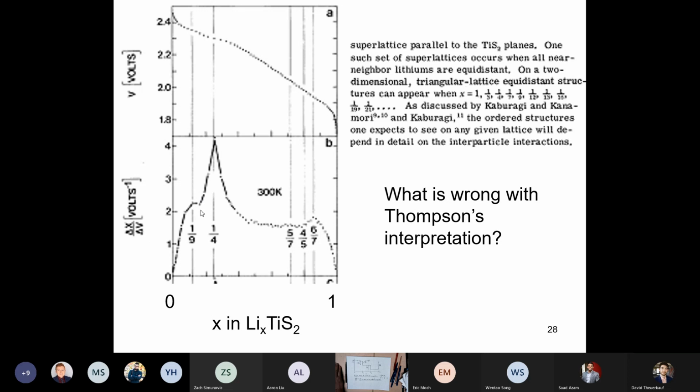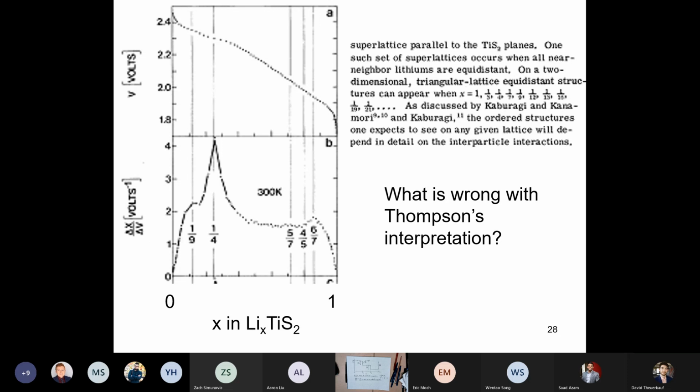But for now, we just learned that it's not due to in-plane ordering of the lithium atoms on the triangular lattice. So then you have to ask the question, do any systems actually show this ordering that we are talking about here, or is it just a fiction?